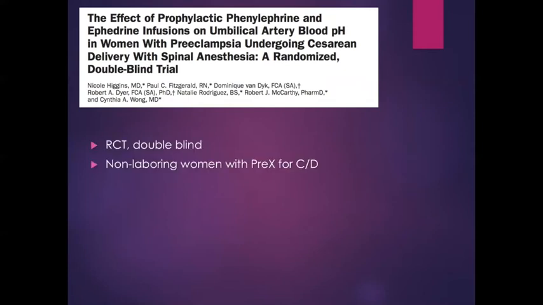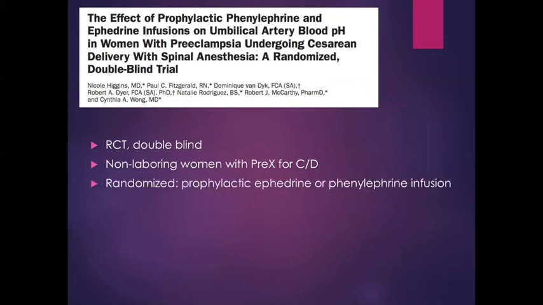This study was a randomized, double-blind clinical trial. Non-laboring women with preeclampsia scheduled for cesarean delivery with spinal anesthesia were randomized to receive either a prophylactic infusion of ephedrine or phenylephrine titrated to maintain systolic blood pressure greater than 80% of baseline.